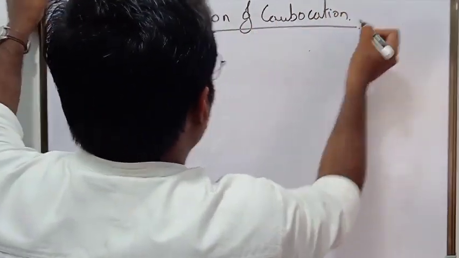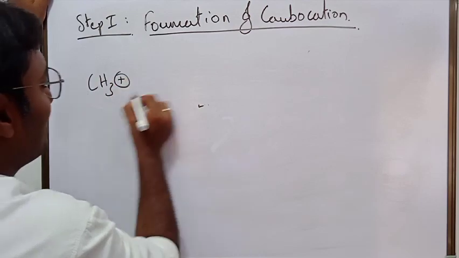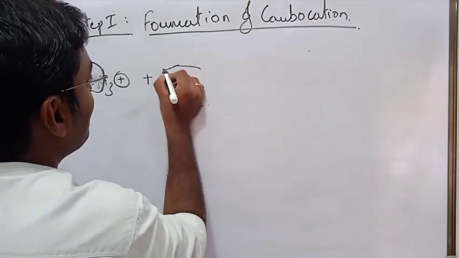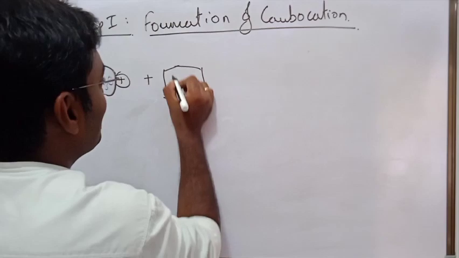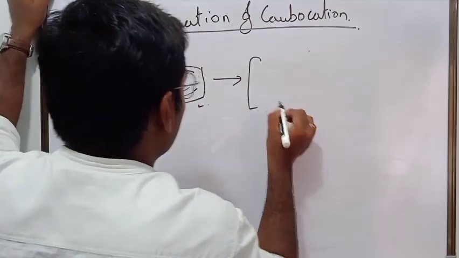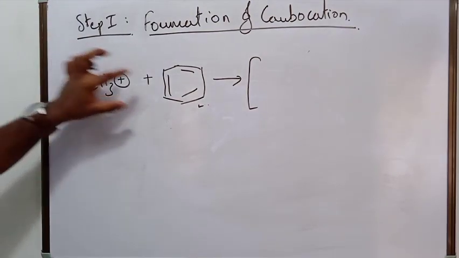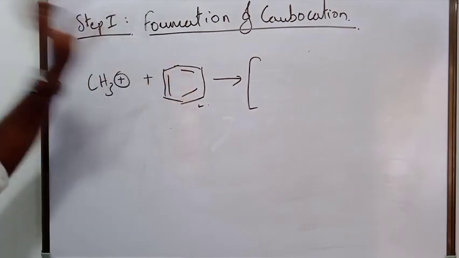So as we said, the problem maker, that is the electrophile, is already generated. Now it won't let the benzene sit in peace. It would attack it. So what would result? Now the electrophile wants an electron pair. It can get it from this position and this position.